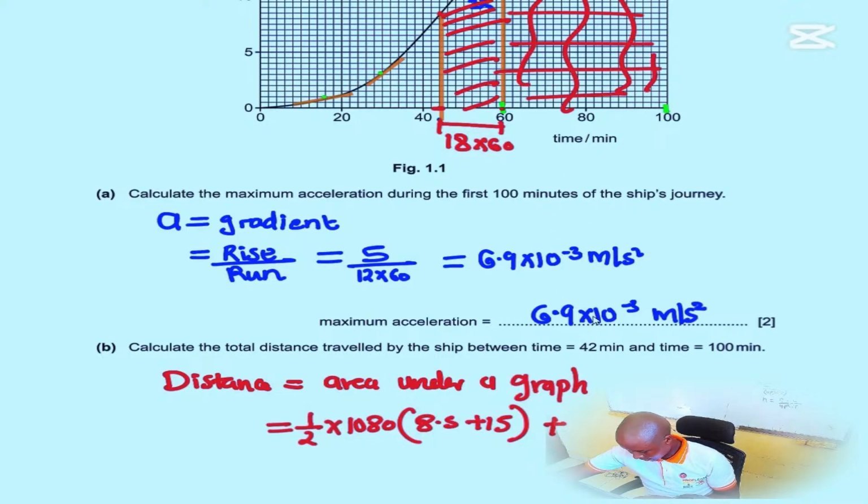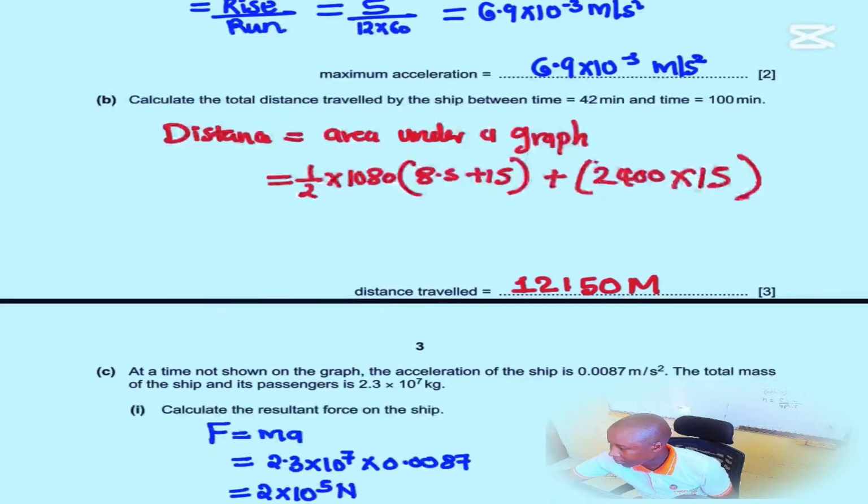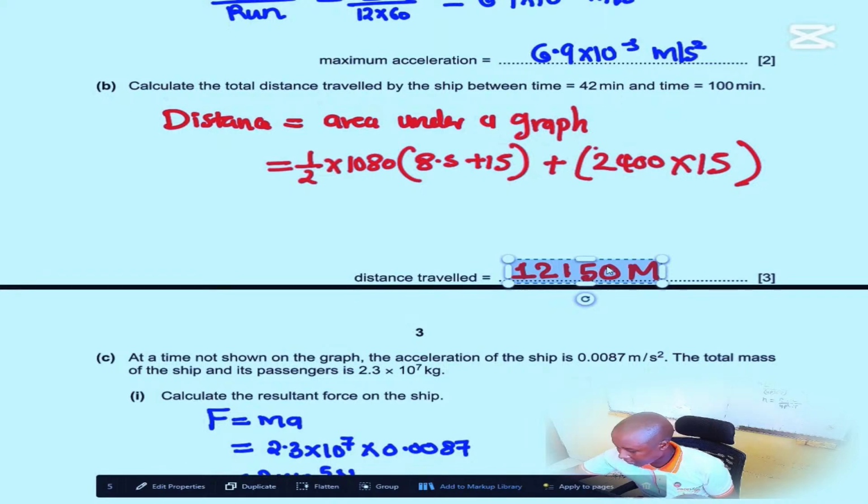So 40 times 60, this is going to be 2400 times 15. So if we work it out, I have to eliminate this one from here.